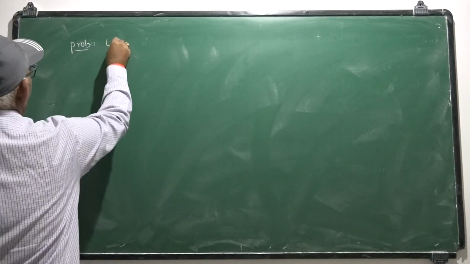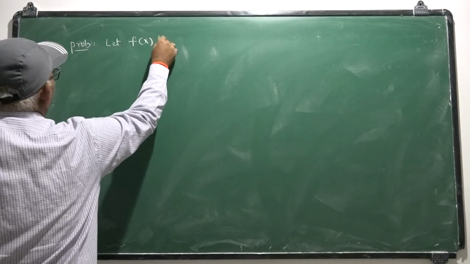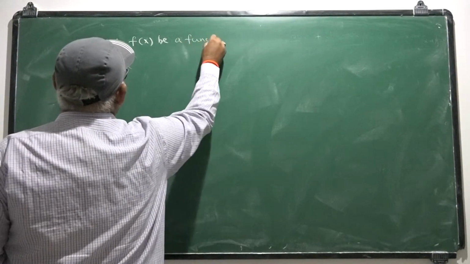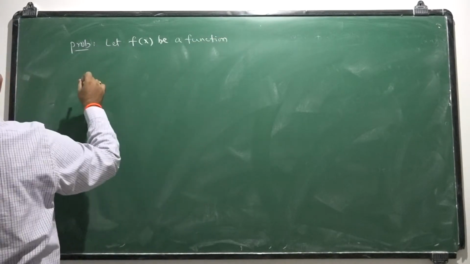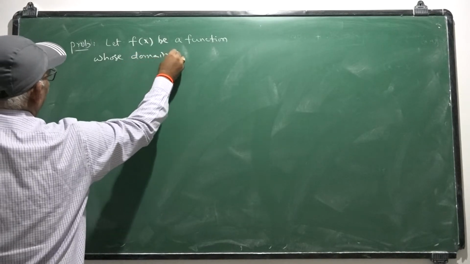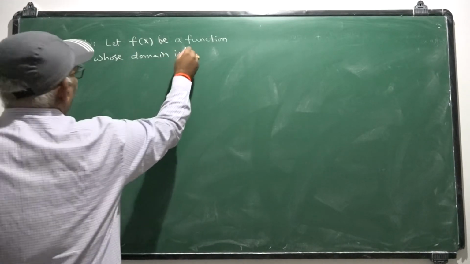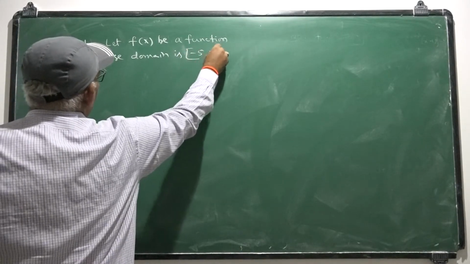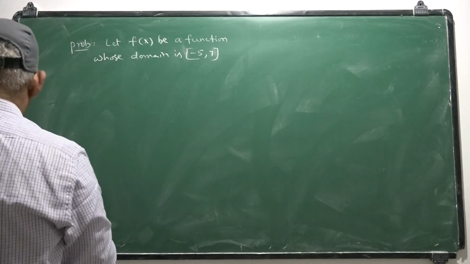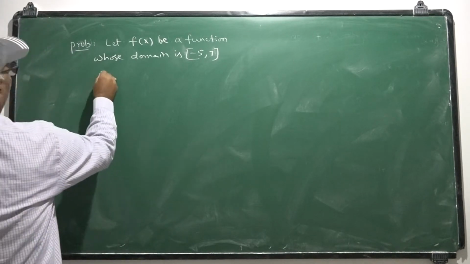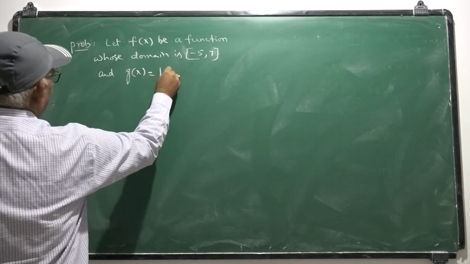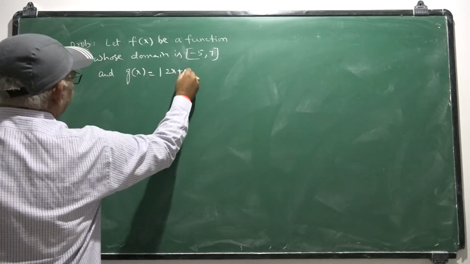Let f(x) be a function whose domain is the closed interval [-5, 7] and g(x) = |2x + 5|.